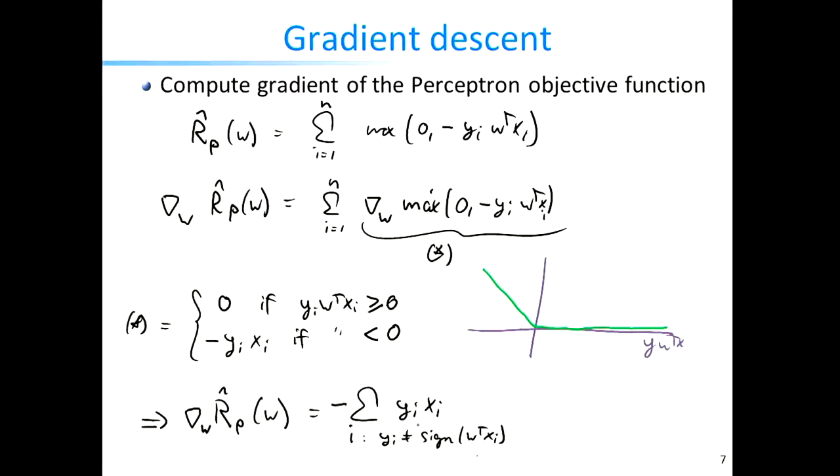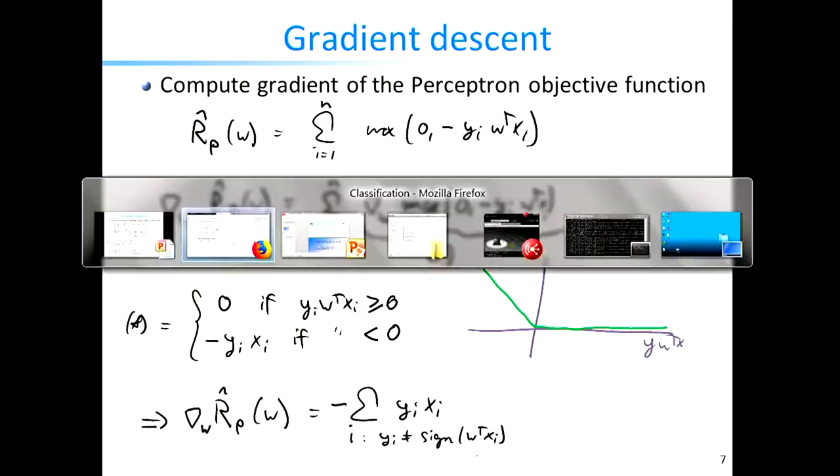In particular, if there's an example that we should have classified positively but did not, so y_i in this sum is 1, then we move towards the direction of x_i. If y_i was negative, so we got a false positive and wrongly concluded that x_i is positive, then we move away from x_i. That's basically the interpretation of the gradient.